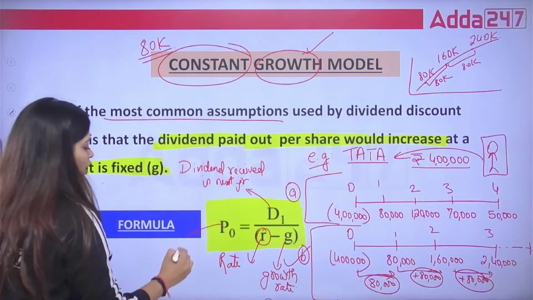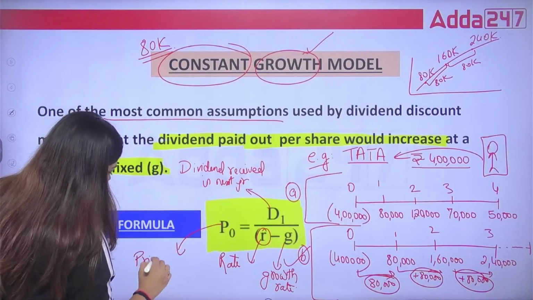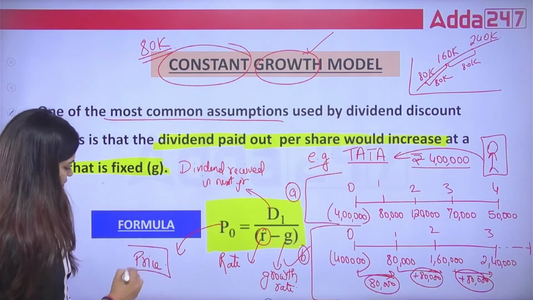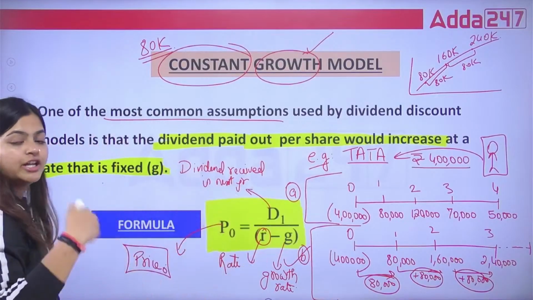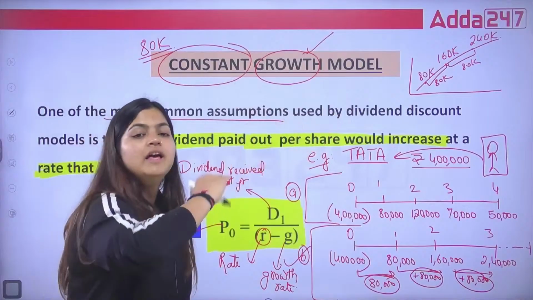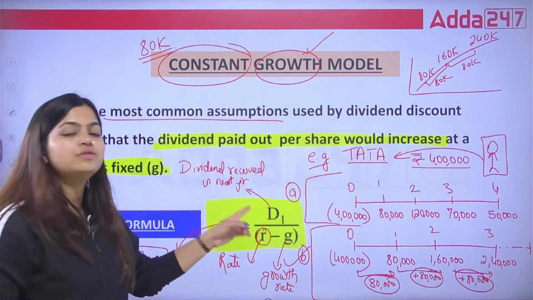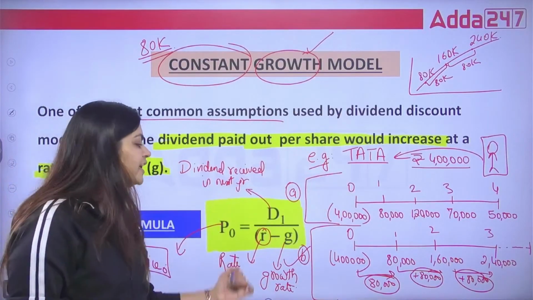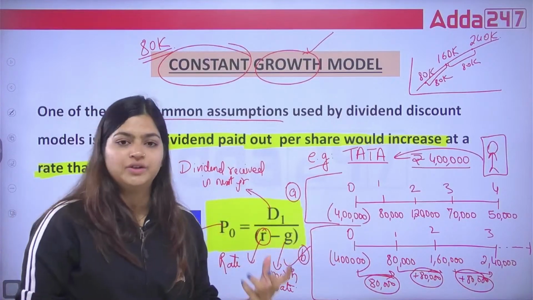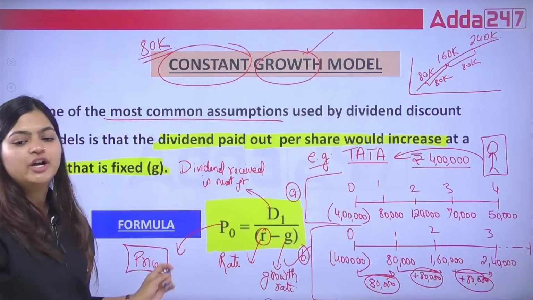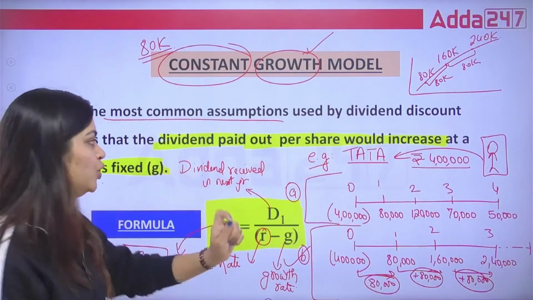P is your price, the price in your 0 time period. The dividend in your next year, the first year, means your future dividend, is used as the numerator, divided by R minus G. R means your rate, G means your growth rate. So this is the formula we are going to use in case of the constant growth model.